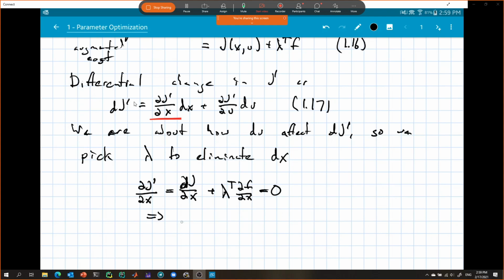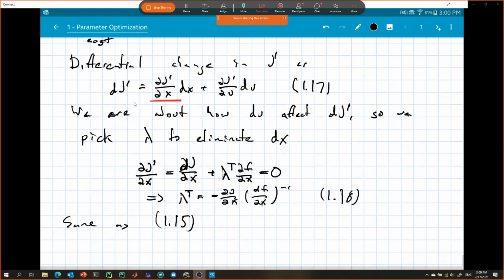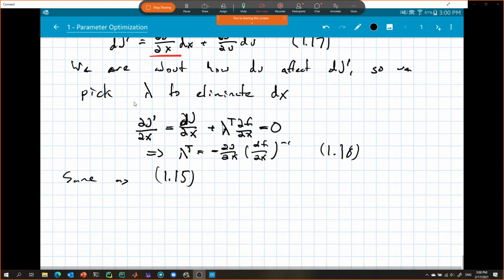So that results in lambda being equal to negative the expression. And look at how fortuitous this is. It's the same as 1.15, right? If we set this so that it is equal to 0, this ends up being the same as 1.15. So they are indeed Lagrange multipliers.